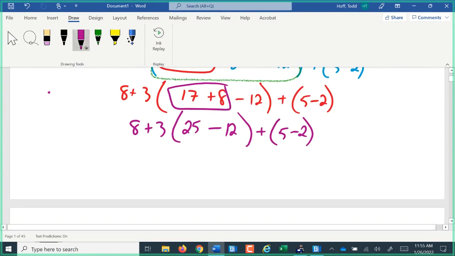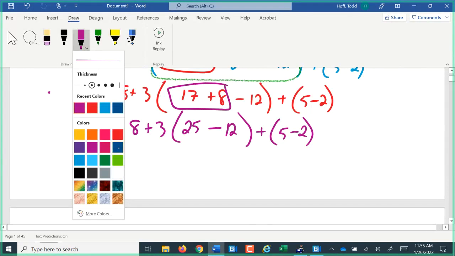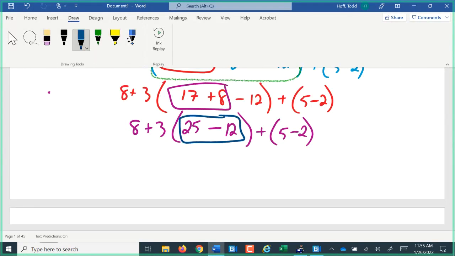And now finally we're down to 25 minus 12, which is 13.